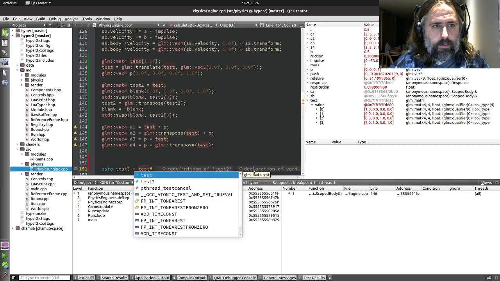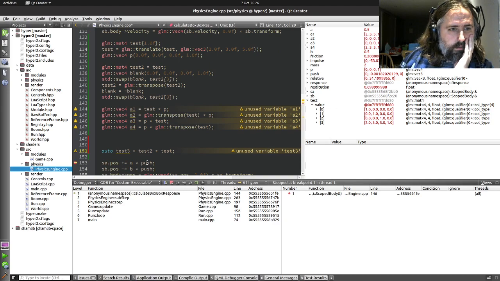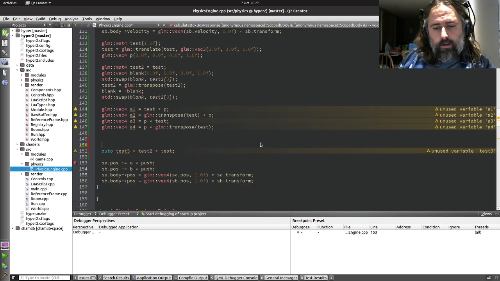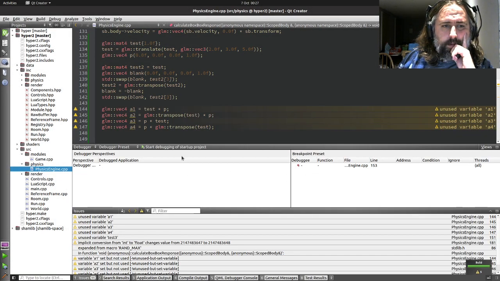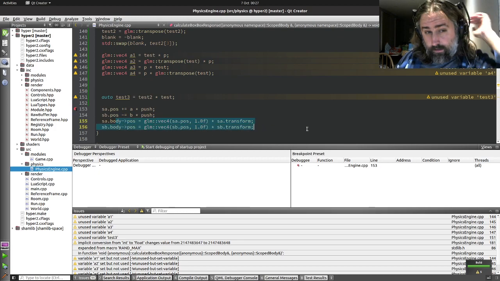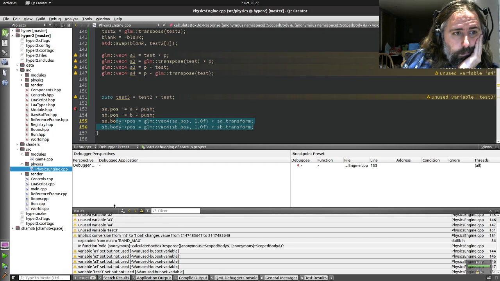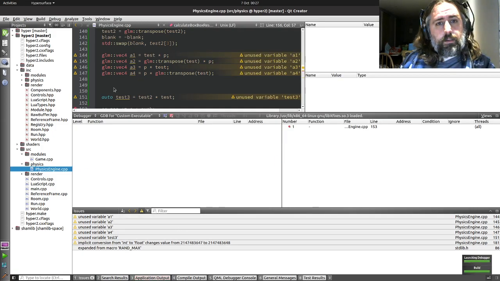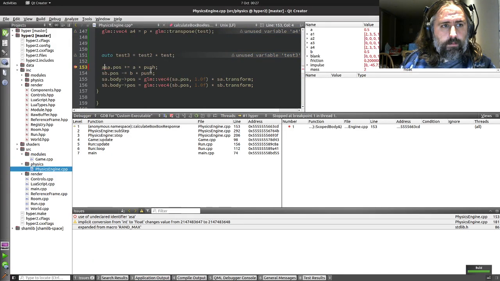Test 3 is going to be test 2 times test, and that should, if I've worked this all out, be an identity matrix. So what does this mean? It means that a lot of this assignment code is kind of stupid. Well, not really, but start debugging.